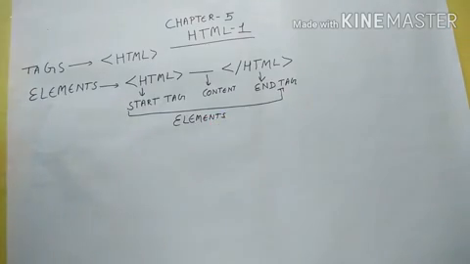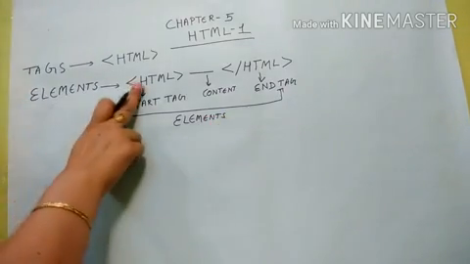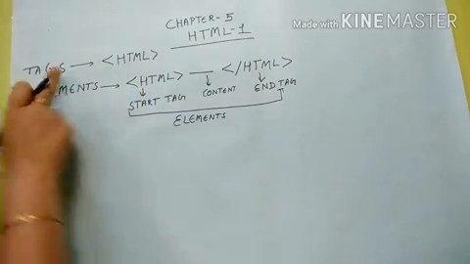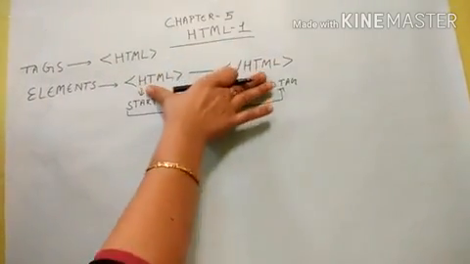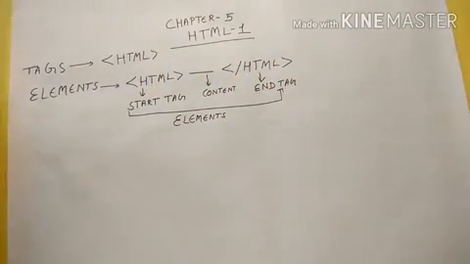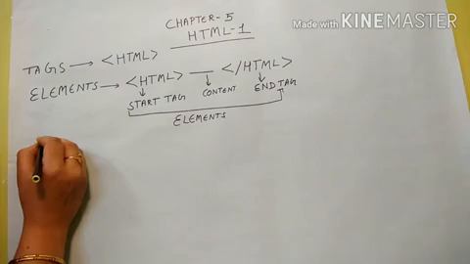That's the difference. If I'm using only HTML, it will be known as a tag. And if it is a combination of all this, basically this combination is known as an element. Next are attributes.